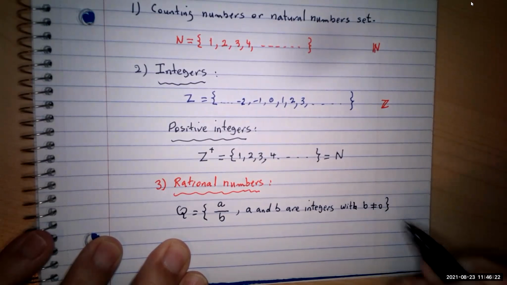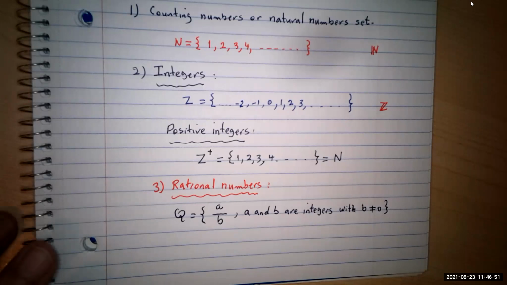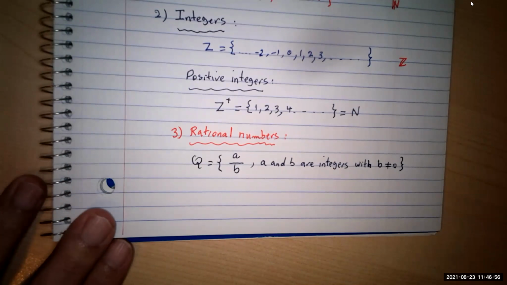Any time you tell us A over B is a rational number, this B is not 0. It's like 2/3, 1/2, 5/7, -15, and they are all rational numbers. A number that can be identified by the ratio of two integers. We will get back to this one. It's a very important one, and you will see a number of questions related to this set in the future. Any question?